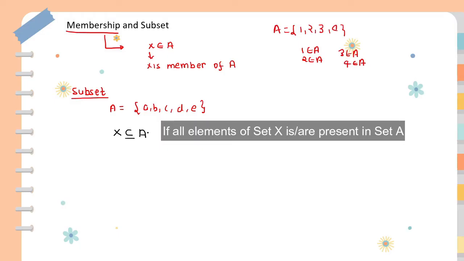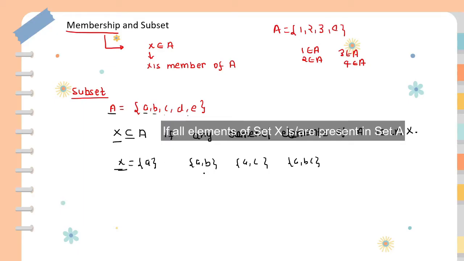X is a subset of A if the elements of X are from A B C D E. If X contains only A, or X contains A B, or X contains A C, or X contains A B C, then we can say that X is a subset of A. So X can be made using A.